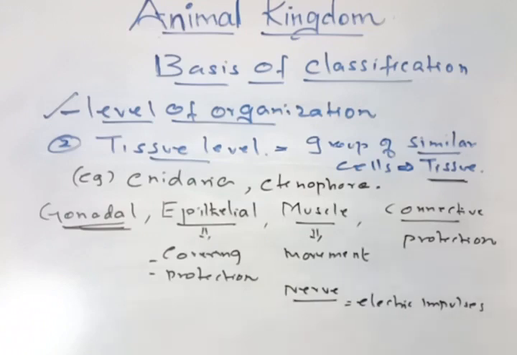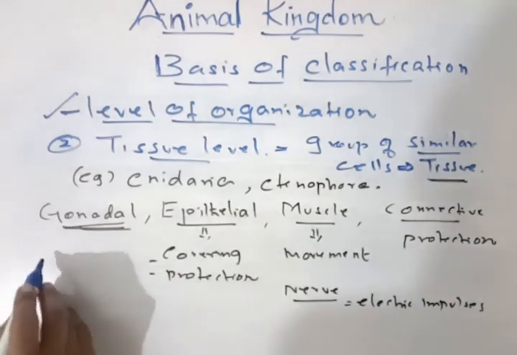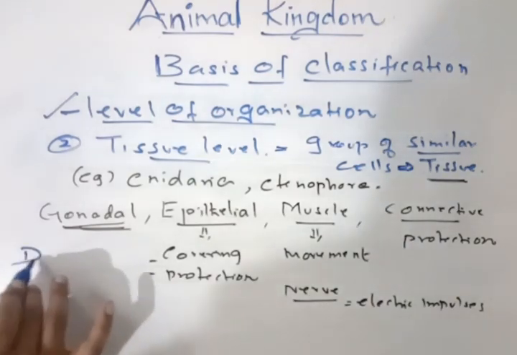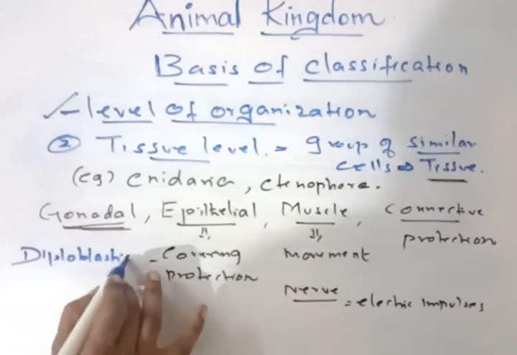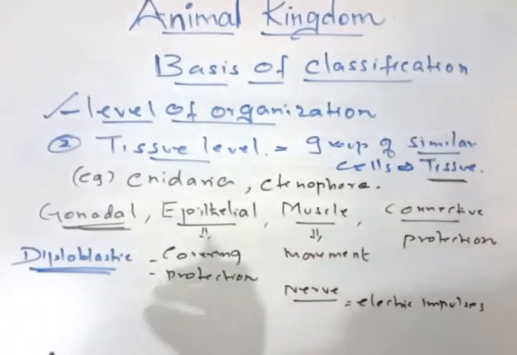And one more thing you have to understand in tissue level of organization is that all the tissue level organizations are called diploblastic animals. Diploblastic. So when an organism is formed in the embryonic stage, it has only two layers, two body walls, otherwise called germ layers.